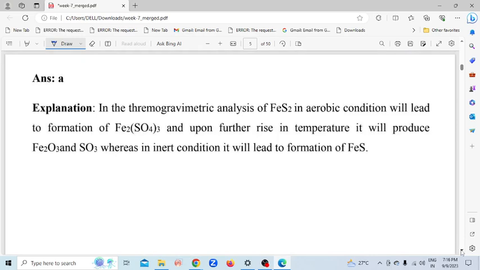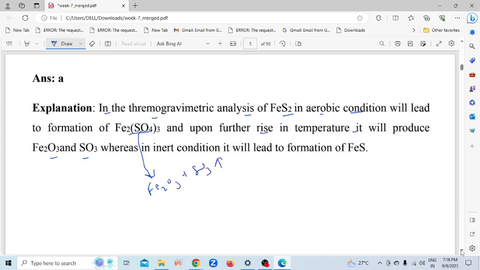It is written here clearly, in the thermogravimetric analysis FeS2 in aerobic condition will lead to formation. Aerobic means in presence of oxygen it will make ferric sulfate, and upon further rise in temperature it will produce Fe2O3. If you rise the temperature continuously, it will decompose again and make Fe2O3 plus SO3 gas.